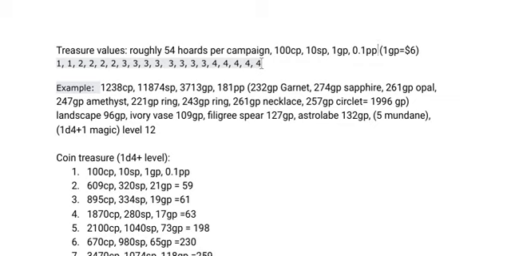And I built a series of tables that were scalable by level. So an example of a treasure that could be generated with my system was 1,238 copper pieces, 11,000 electrum, woo, that might be a typo. I think that might be a typo.